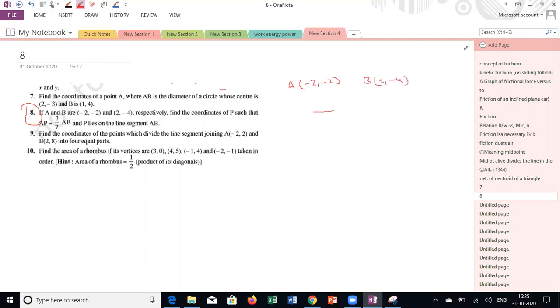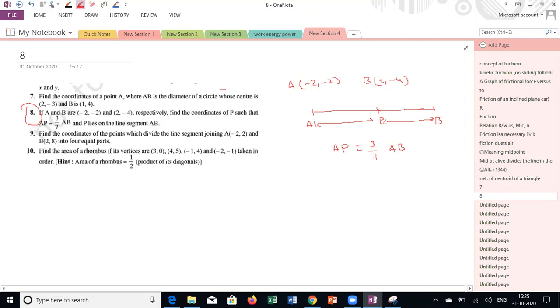Find the coordinates of P. So this is A, this is, for example, B. He is asking for P such that AP is equal to 3 by 7 of AB, where P lies on the line segment AB. So P is somewhere here. Our job is to calculate the ratio of AP and PB. Then only it will be easy to calculate point P.